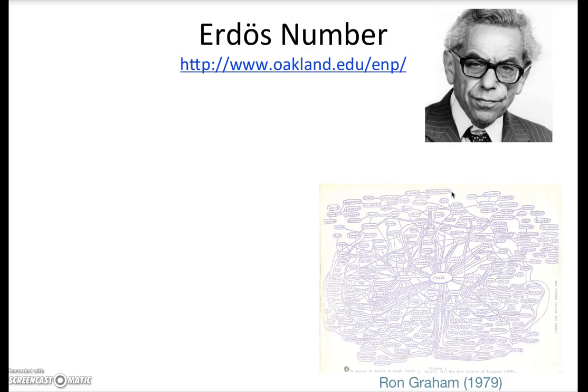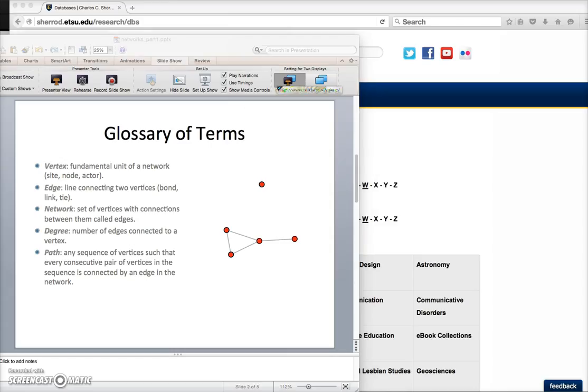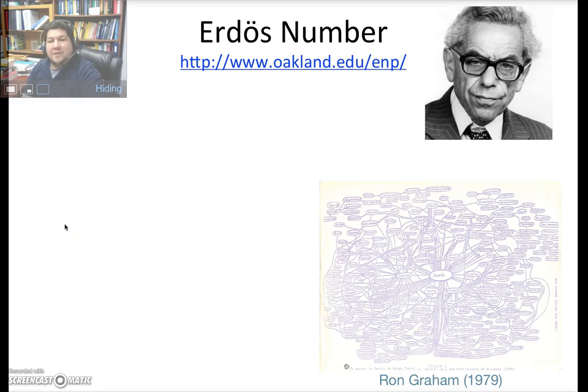Okay, and so this brings my next illustration that has to do with one of the most prolific mathematicians of all. This mathematician's last name was Erdős. Here is a representation of the following.